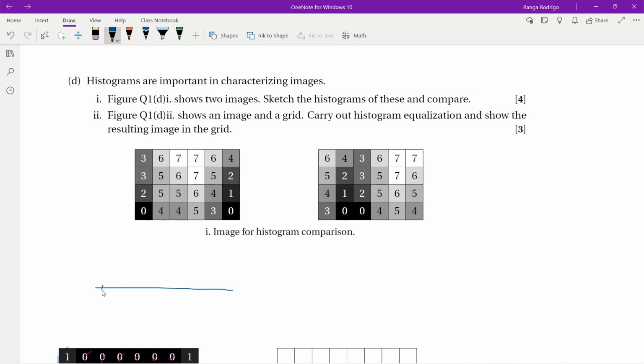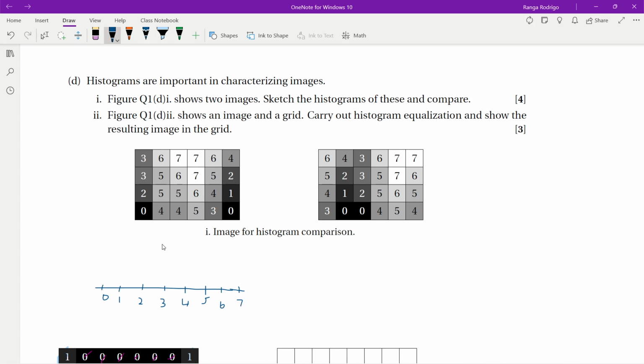We have to have pixels with intensity 0, 1, 2, 3, 4, 5, 6 and 7.